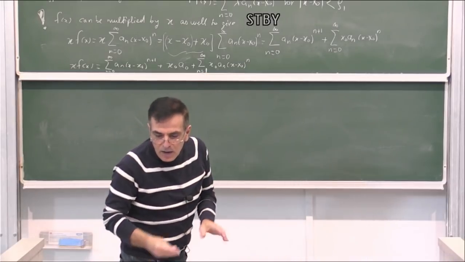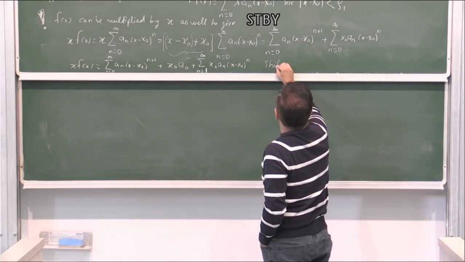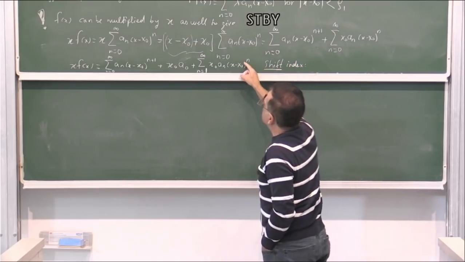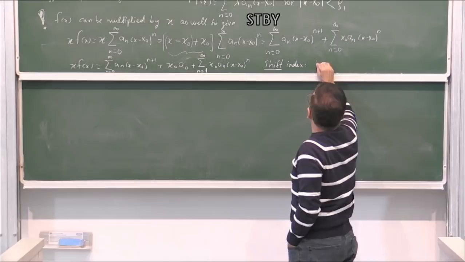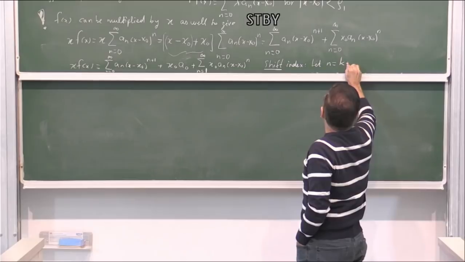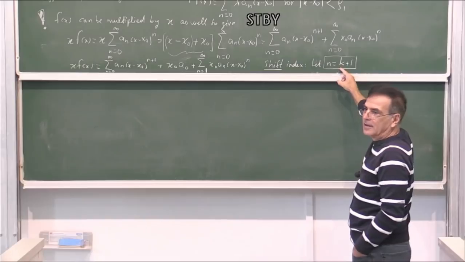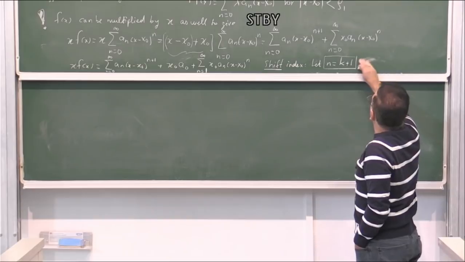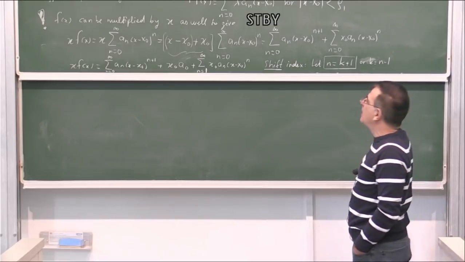Okay. Now we introduce the shifting of the index. Sometimes we do that. Say n is k plus 1. We introduce a new index or summation counter k. Okay?